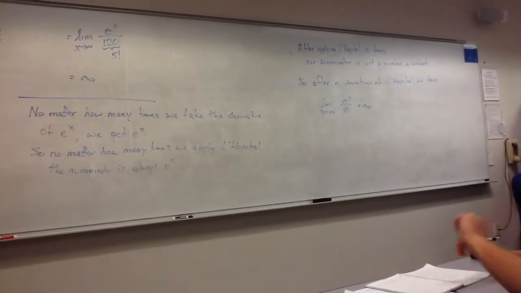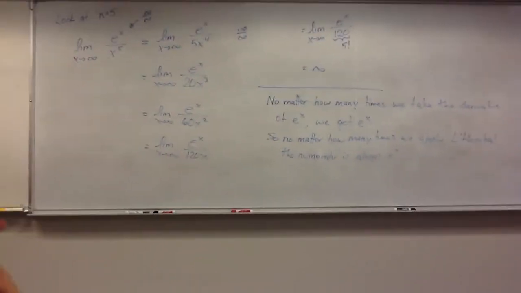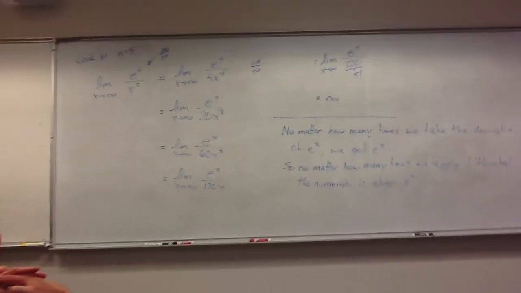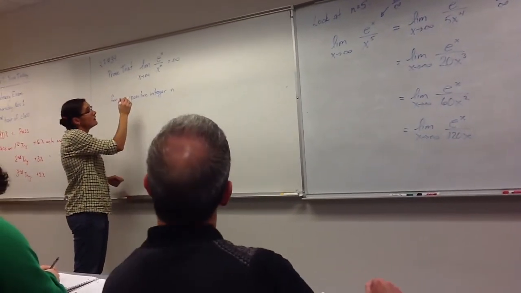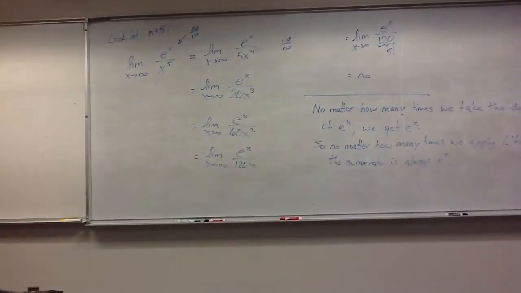Jennifer? So what happens when it's negative? Will it always approach negative infinity? Oh, as x goes to negative infinity here. Well, I meant if n was negative, then it would always approach negative infinity.